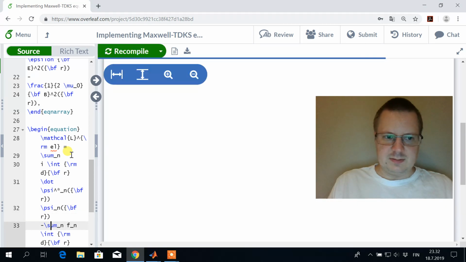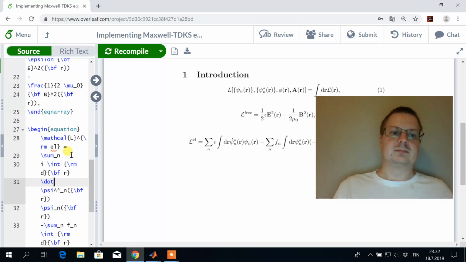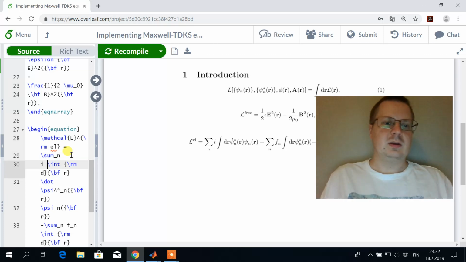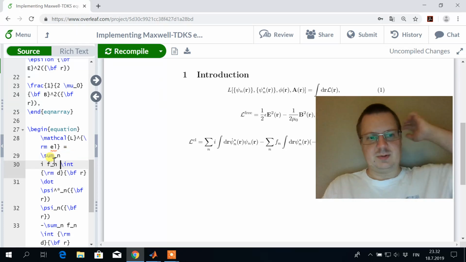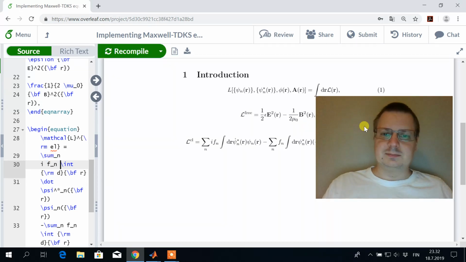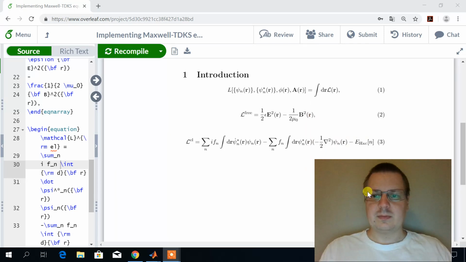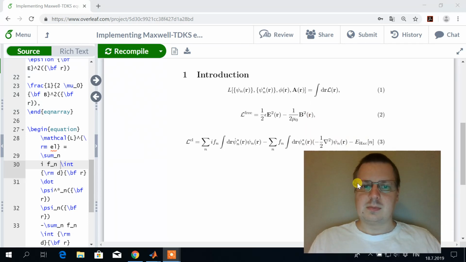I think this will be very close to the actual equations of motion. I'm not sure about the f n, do we need it here or not? So that's it.